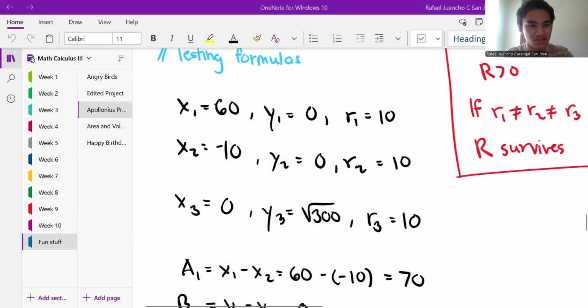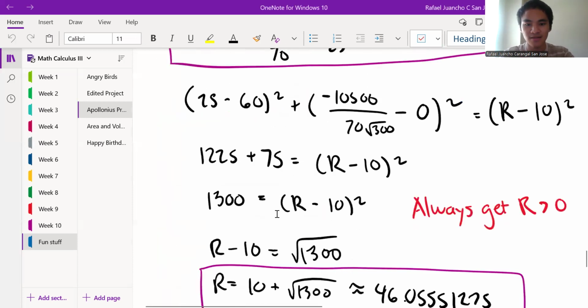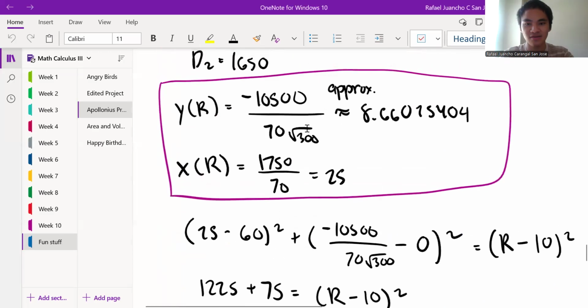x is 0. So here, what I'm doing is graphing all of the inner circles. Square root 300, this is equal to 10 squared. Okay, and then let me graph the final outputs, the exact values.